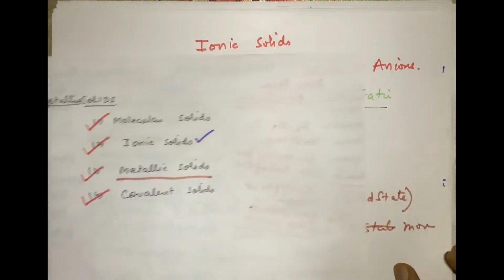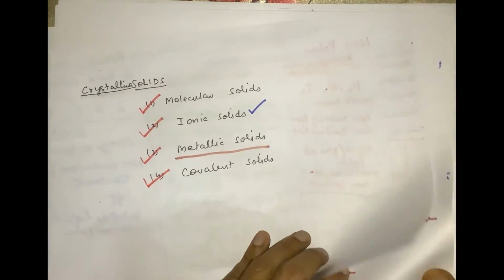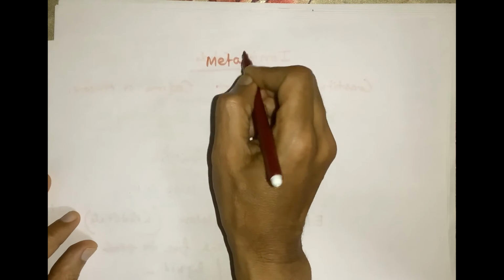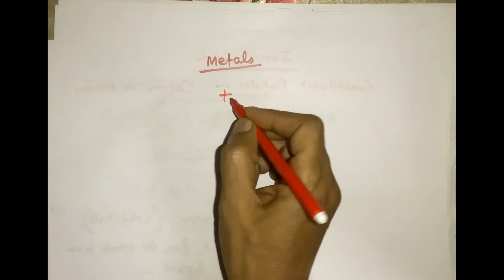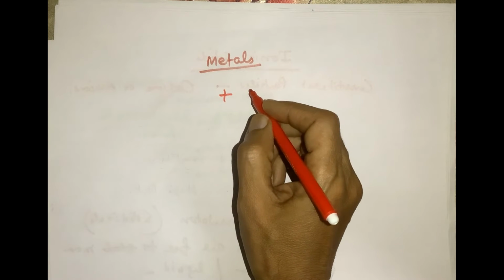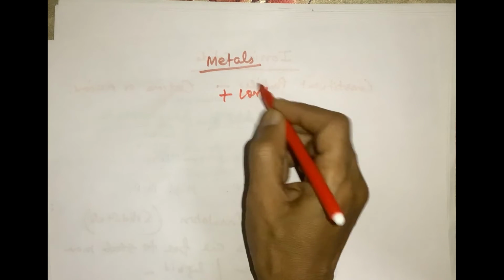We will now study about the metallic solid. You know that the constituent particles in metallic solids are positive ions of metals.